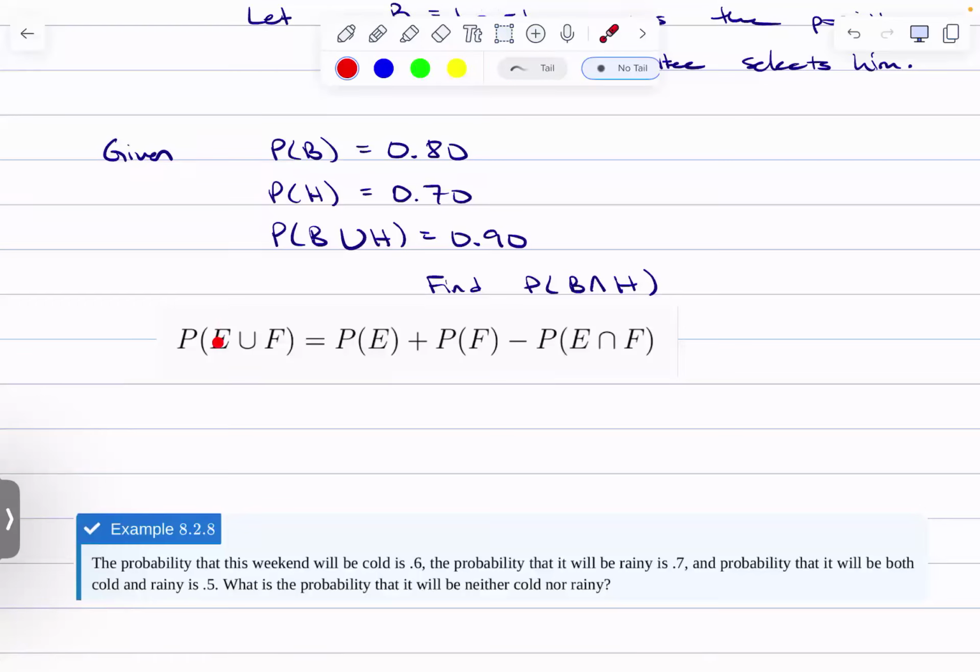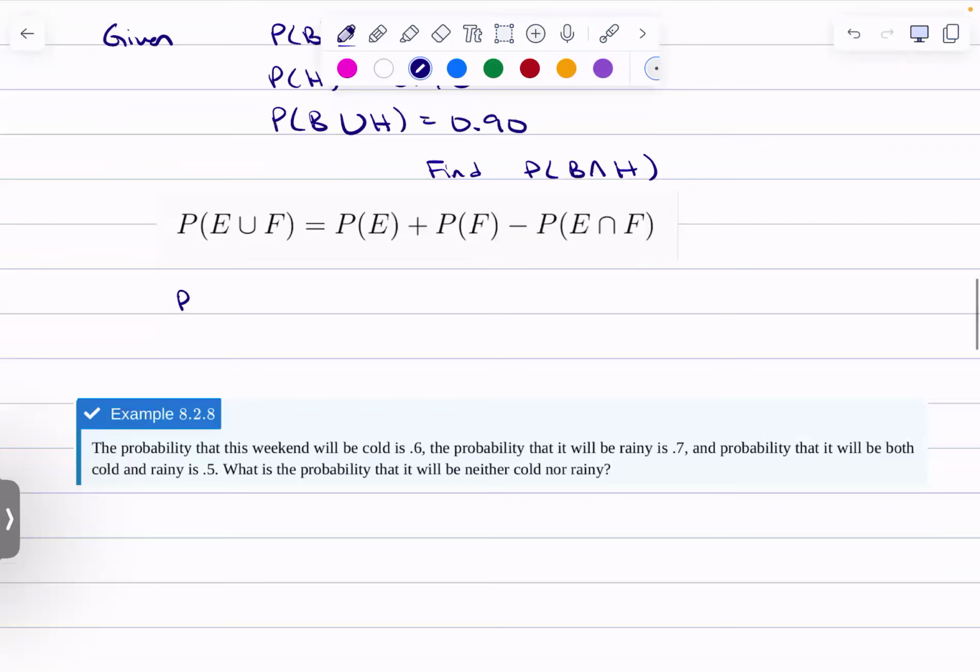Whenever you see an E in the general formula, you'll replace it with a B, and an F in the general formula, you'll replace it with an H. Right? Now, we have the probability of B or H is the probability of B plus the probability of H minus the probability of B and H.